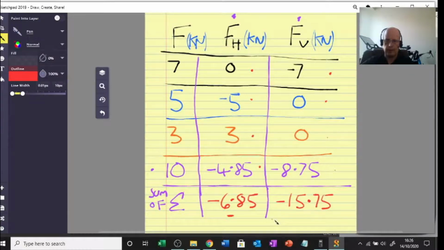So, there's that, and there's that. All we've done now is add these up, all of these, the horizontal and the vertical.